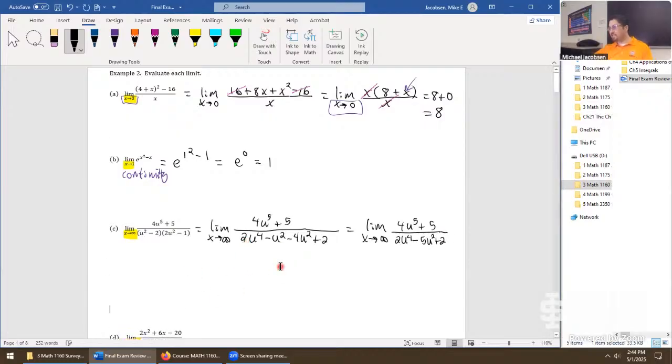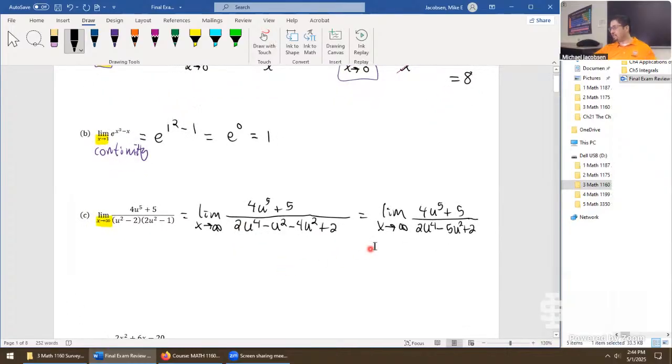Let's get some extra space on that one. Now, the next thing to remark on is, because the denominator has the highest degree term, u^4, the prediction, knowing about rational functions, is that this is just a limit of infinity. But this is what the author would do to really show it.